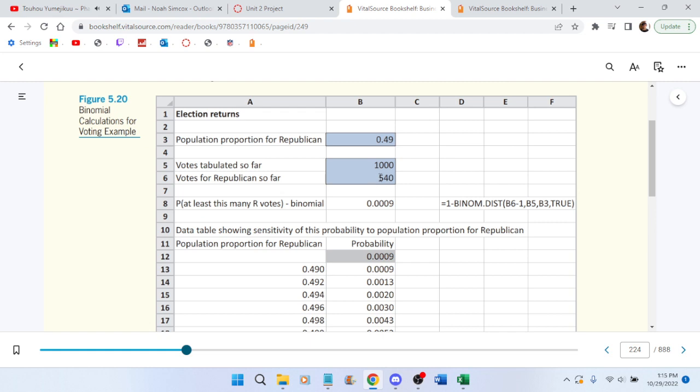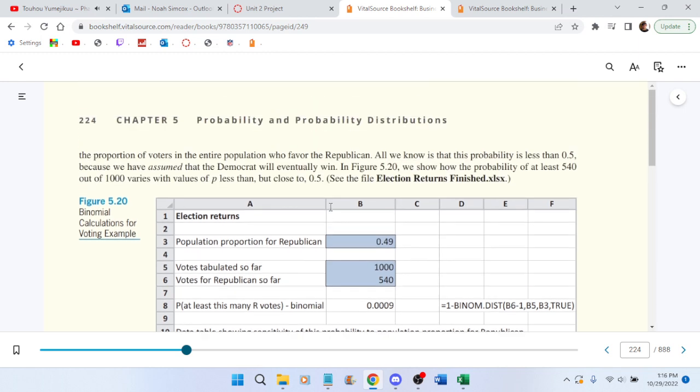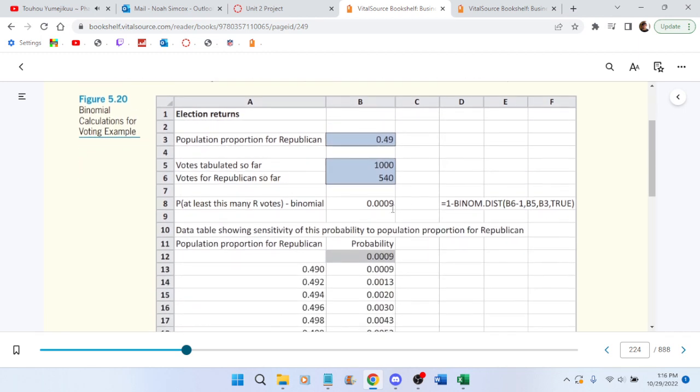Are you kidding me, dude? What is the probability that you will get at least this much?